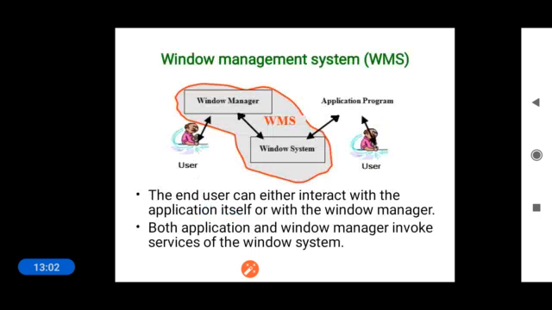So this window system provides services to the window manager and application program equally, using which the user can interact with the application, that is the software whatever he is going to use.